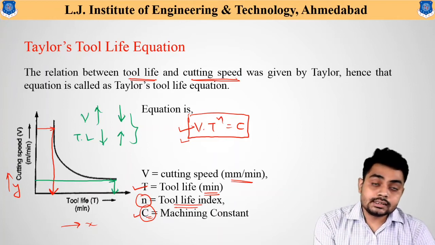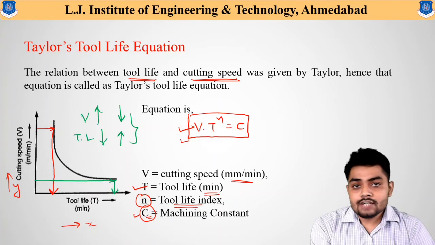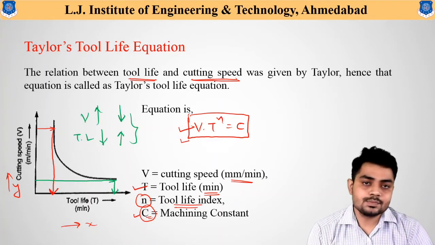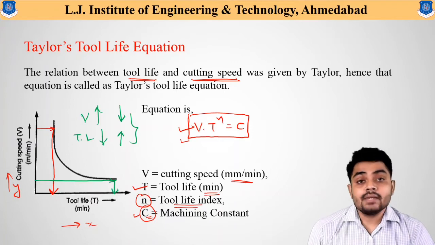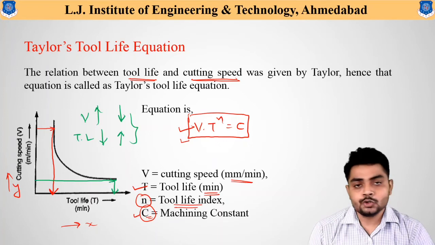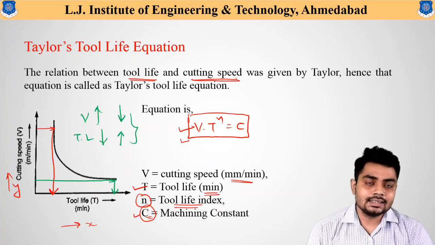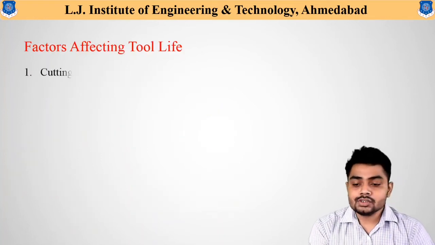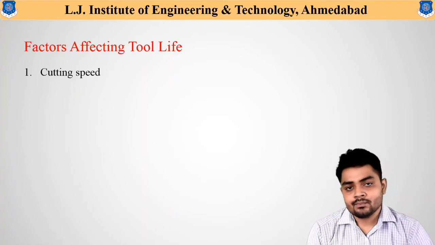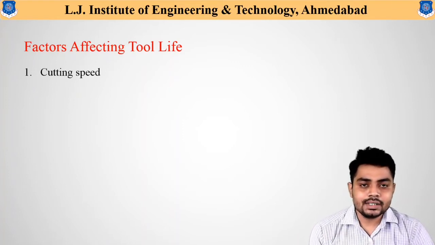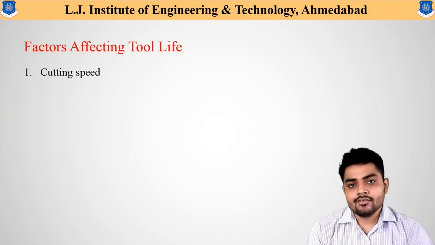Now, from this tool life equation, we can see that the tool life is affected by the cutting speed. Similarly, there are many different factors which affect the tool life of the tool. So now let us understand the different factors that are affecting tool life. The first one is the cutting speed. And as we have seen in our last slide, if the cutting speed increases, then tool life decreases.